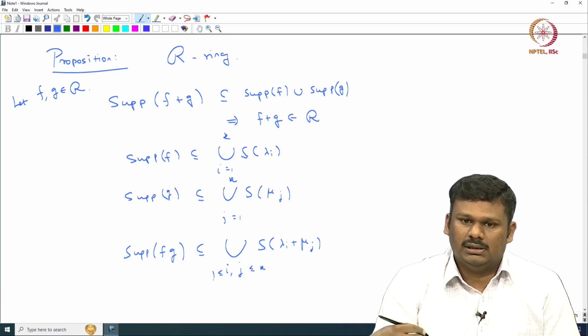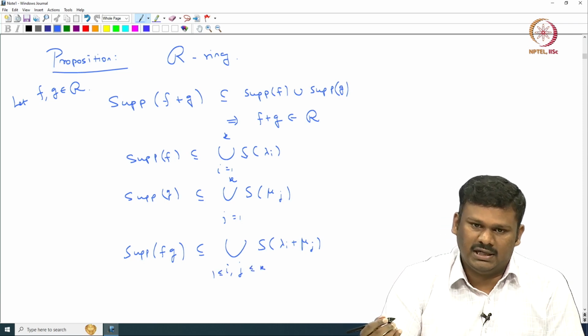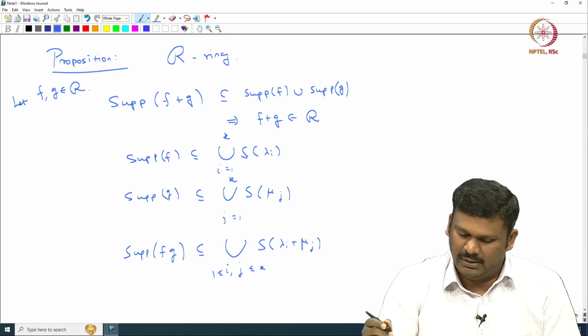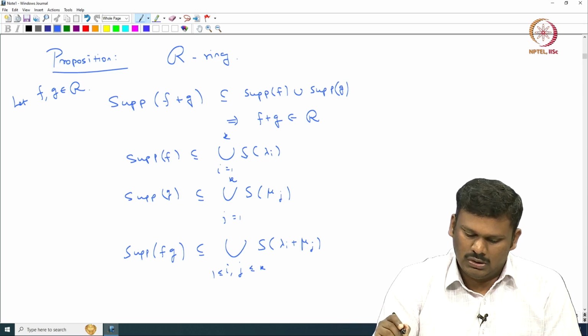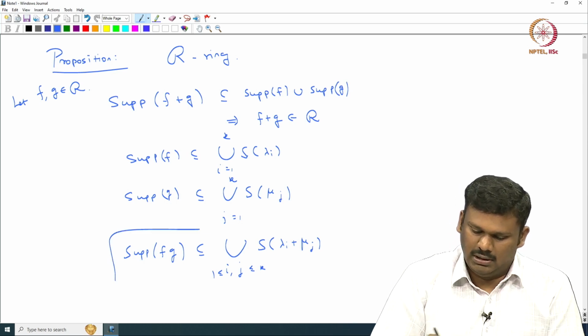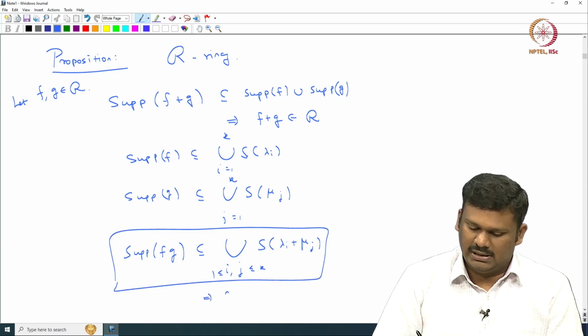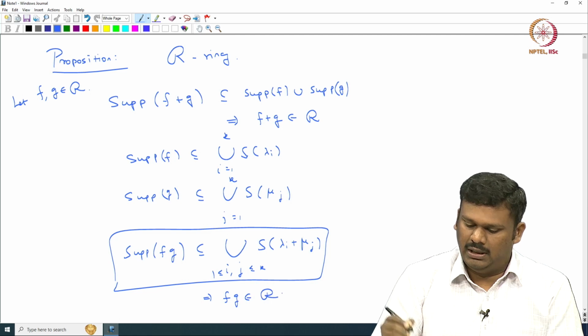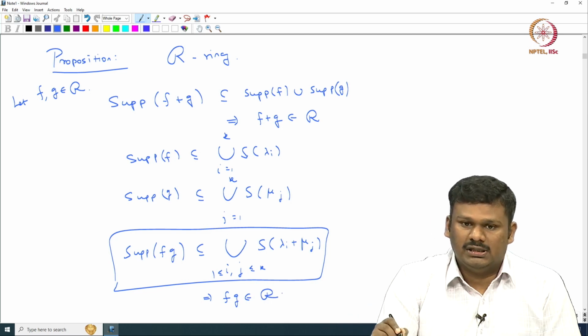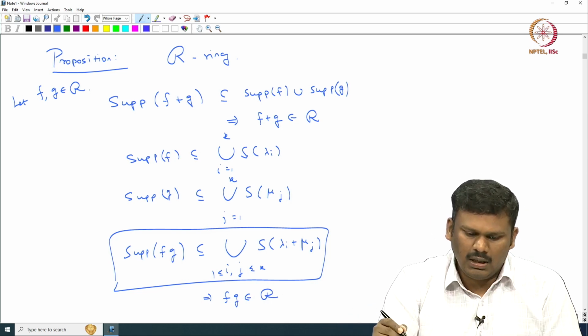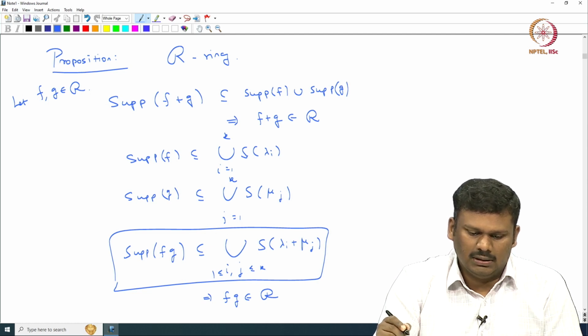Since the S of lambda i's are finite and the S of mu j's are finite, the S of lambda i plus mu j's are finite. So the product is contained in this union, and this implies fg is again an element of the ring. So the set of characters is a ring.